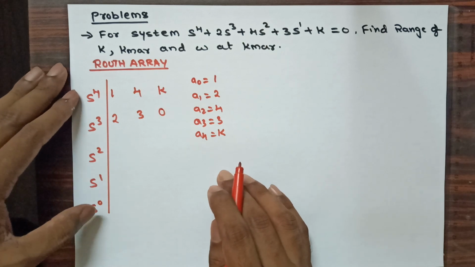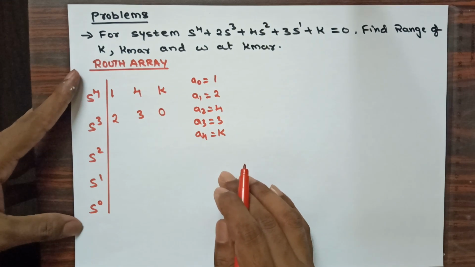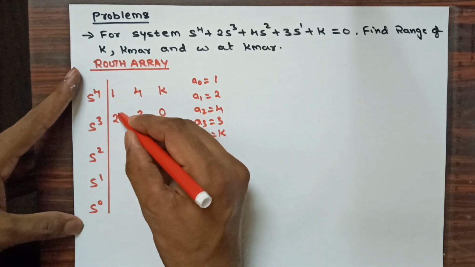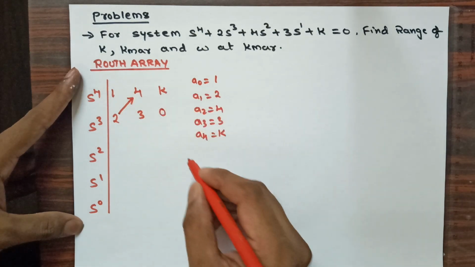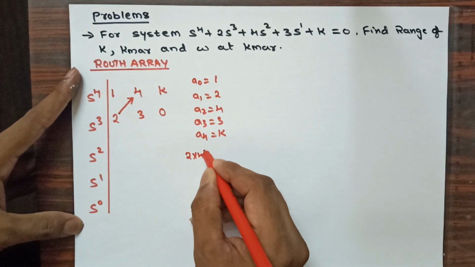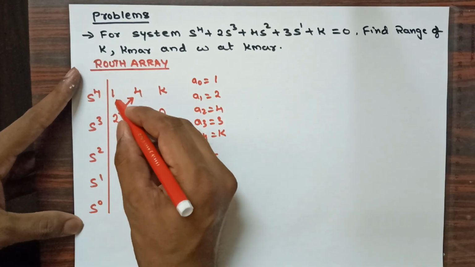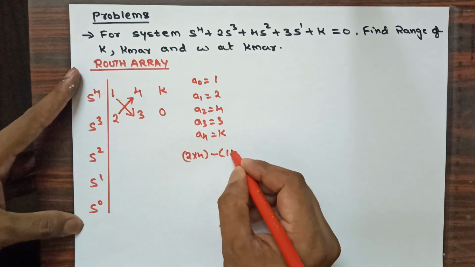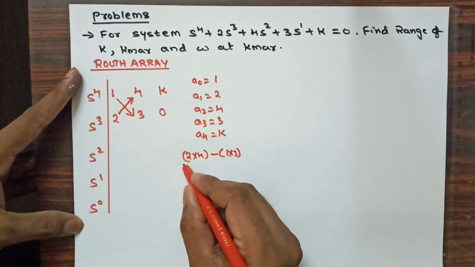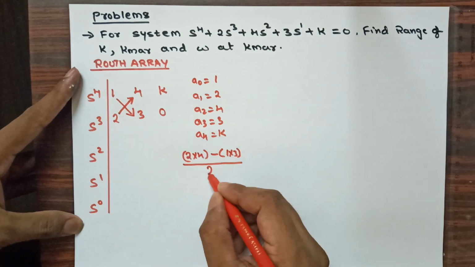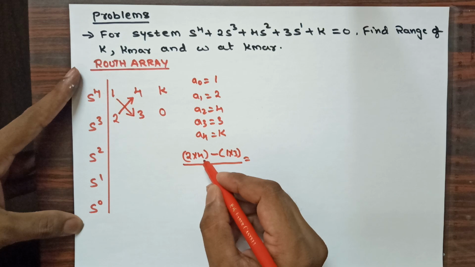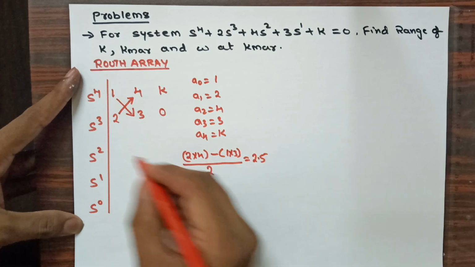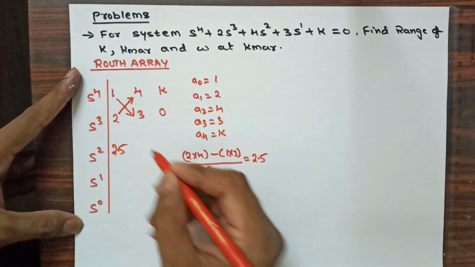Now I am going to form the third row by considering these two rows, and we know the procedure. Multiplying this term with this, that is 2 into 4 minus 1 into 3, whole divided by 2. That means 2 into 4 is 8, 8 minus 3 is 5, 5 by 2 is 2.5. I am getting 2.5 here.